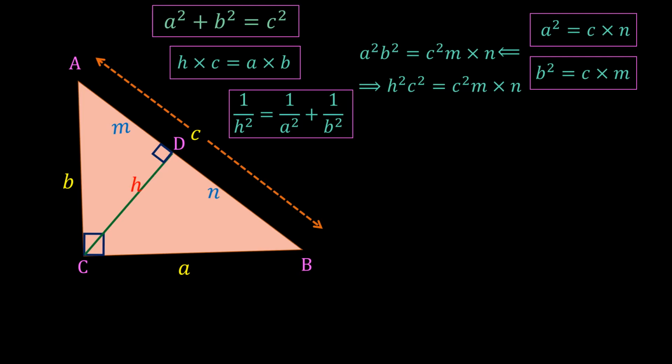So that's why we are writing here H square C square equal to C square into M into N, and by cancelling C square on both sides we remain with H square is equal to M into N.